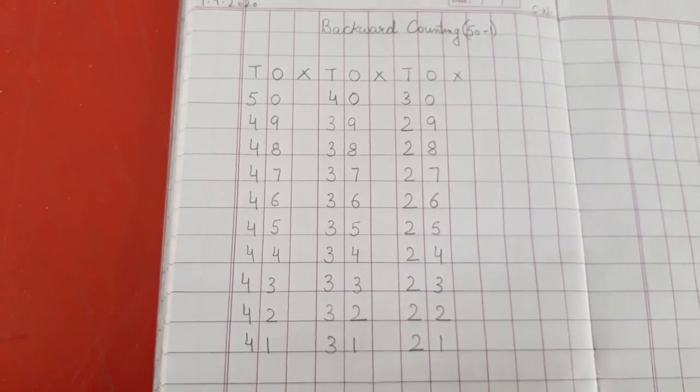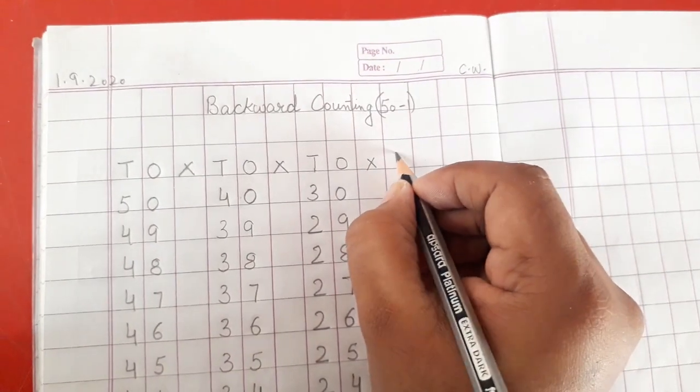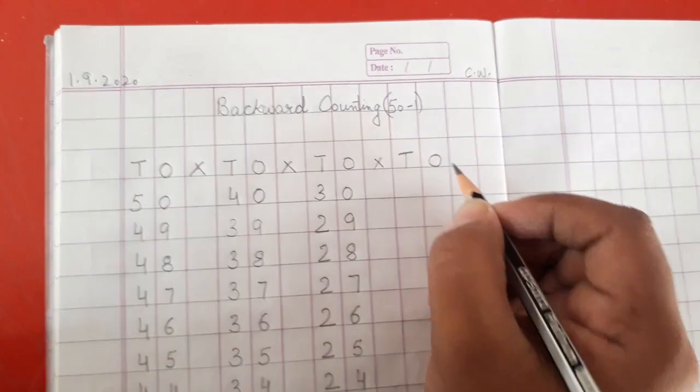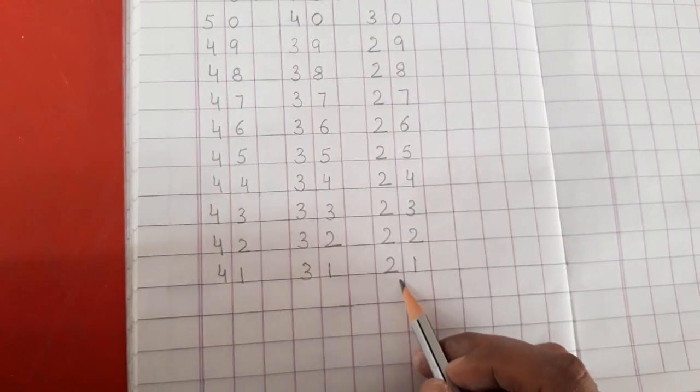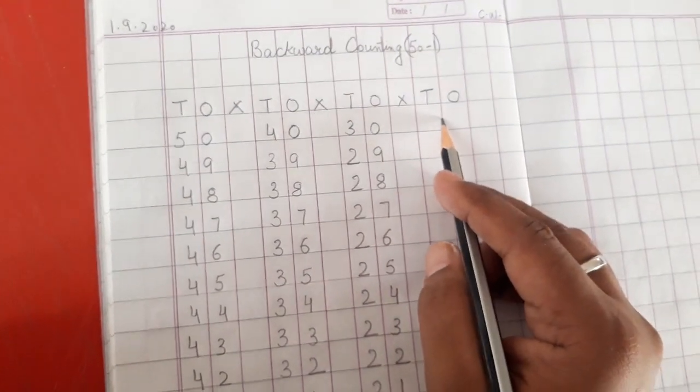Done till 21. So again we are going to write tens and ones here. So like this, tens and ones. Clear? As we have written till 21, we are going to begin here from 20.